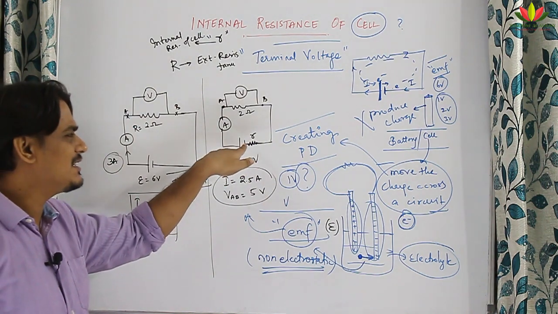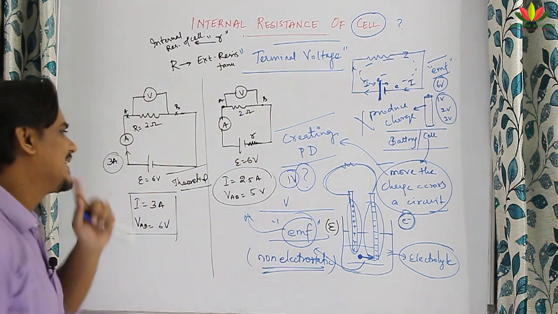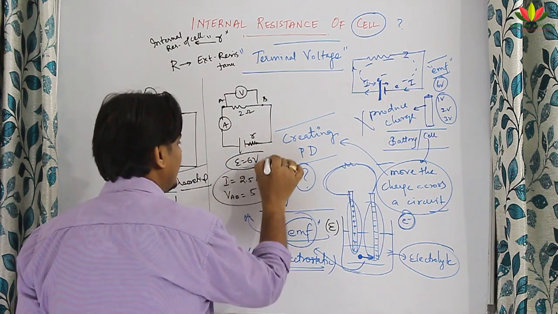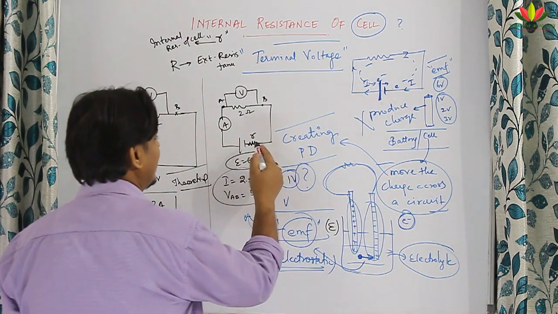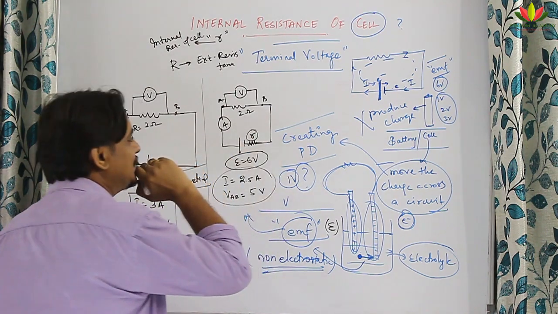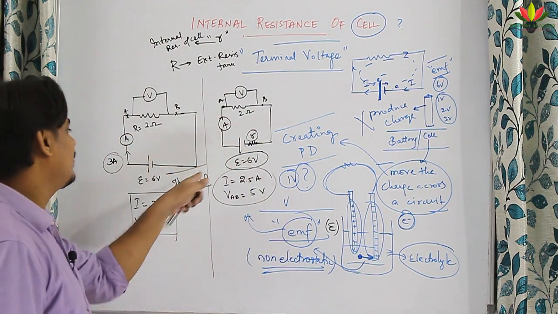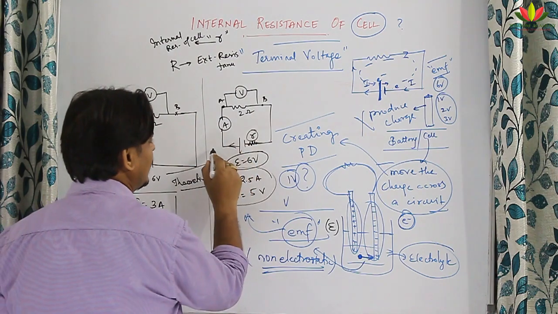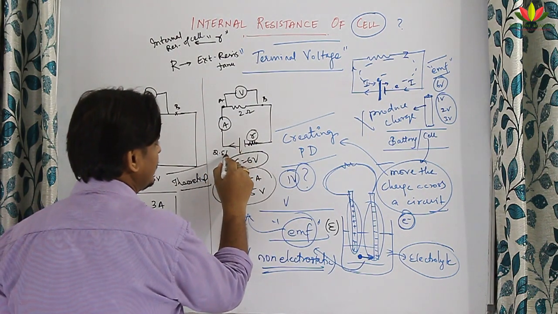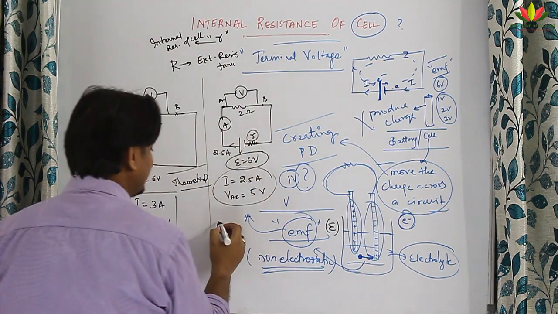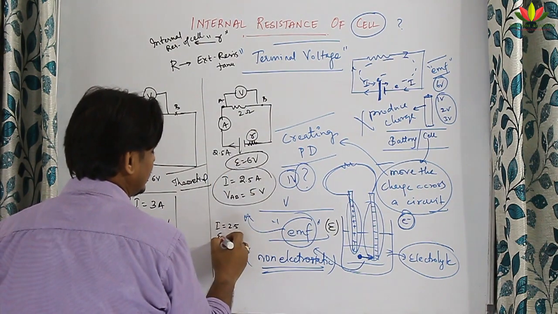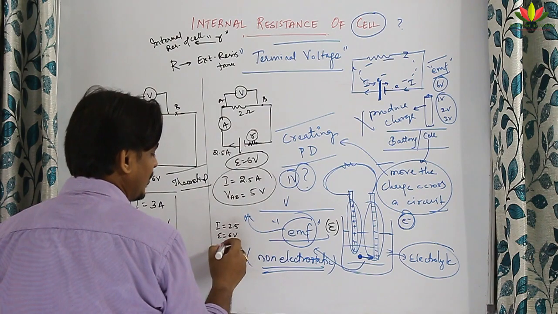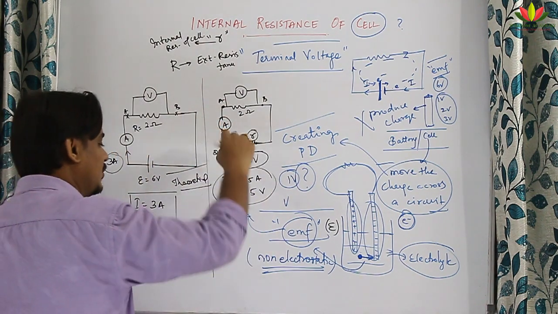Now, can you find what is the value of the small resistance? Think, see, this is 6 volt. Out of 6 volt, 1 volt has died. So, if 1 volt has died, how much current is coming out? Current coming out is 2.5 ampere, isn't it? So, if I is 2.5 and this E is 6 volt, then what should be the total R in a circuit?